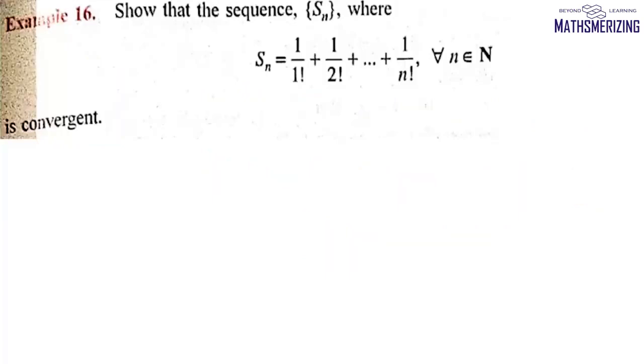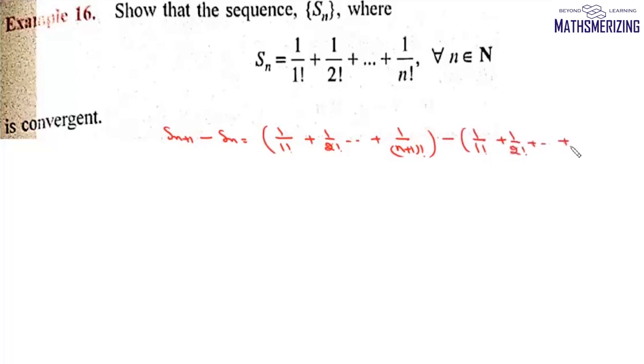Now here the question is, show that the sequence Sn, where Sn is 1 upon factorial 1 plus 1 upon factorial 2 up to 1 upon factorial n, is convergent. Now what we'll do is we'll find Sn plus 1 minus Sn, which is 1 upon factorial 1 plus 1 upon factorial 2 up to 1 upon factorial n plus 1, minus 1 upon factorial 1 plus 1 upon factorial 2 up to 1 upon factorial n.